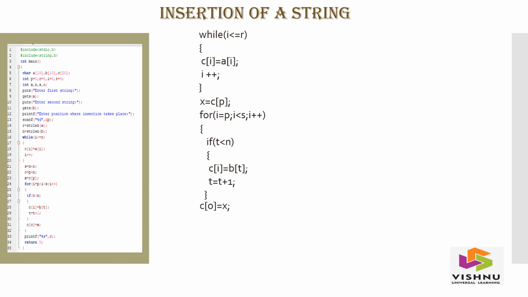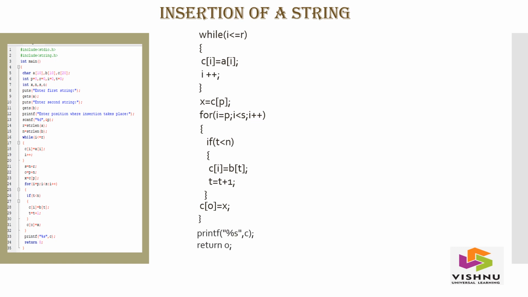After that, we have initialized the variable x as 9 at the above for loop, so that again we have to add that to the original C which we completed in the if loop. C of O equal to X. Here O is the sum of the position and the string length of B. After that, we have to close the for loop.